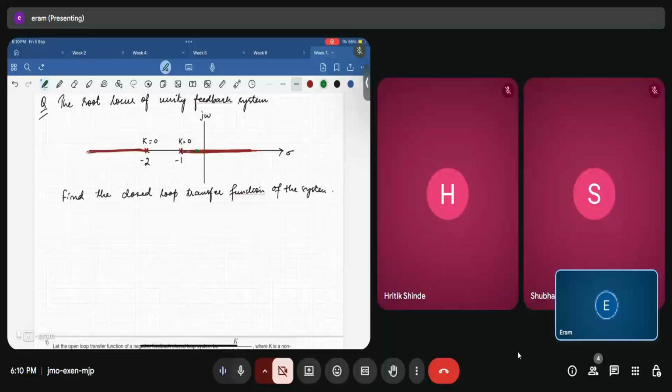Similarly, if you look at the point between -1 and -2, you observe that at this point to the right we have one open loop pole which should satisfy the odd number of open loop poles and zeros criteria, but still we have no root locus on this real axis.